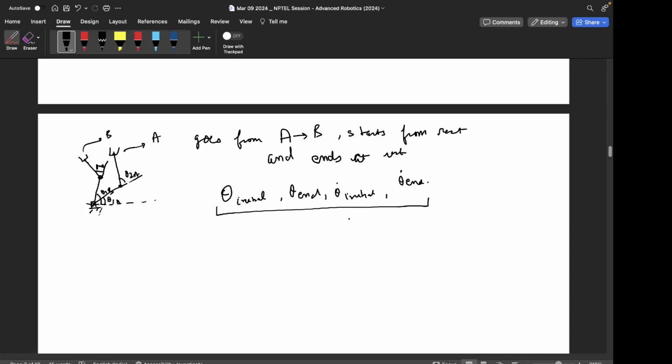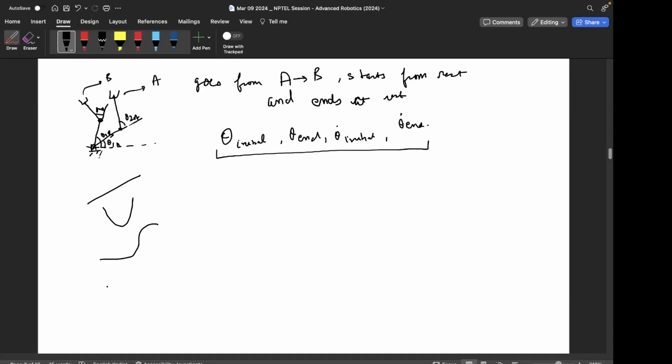Once you have these four values, what could be the choices of trajectories? It could be linear, quadratic, cubic, or some other higher order polynomials. So general choices are polynomials or sinusoids.